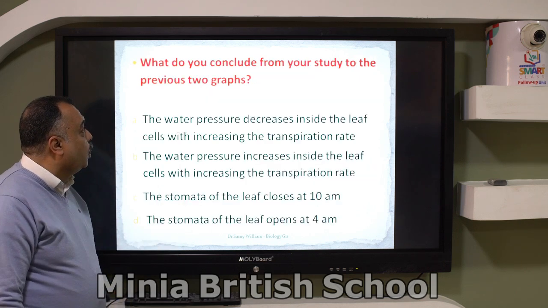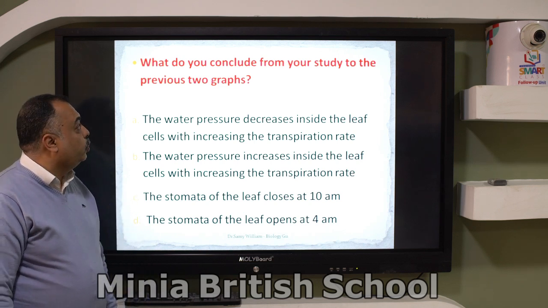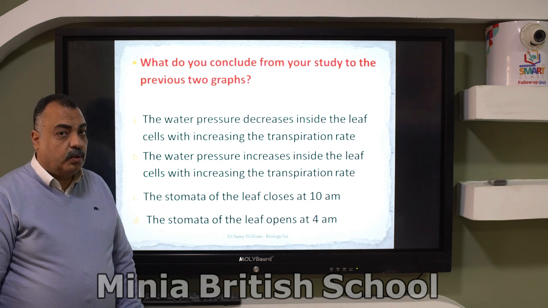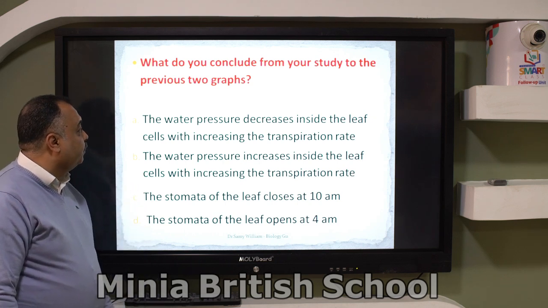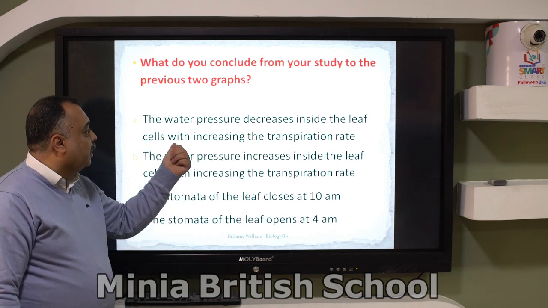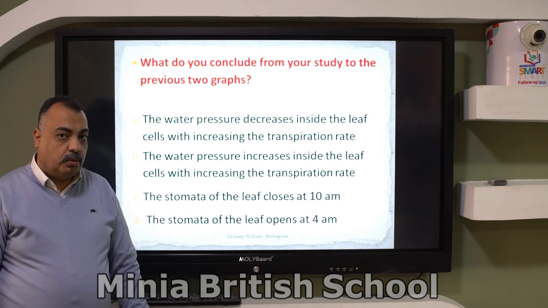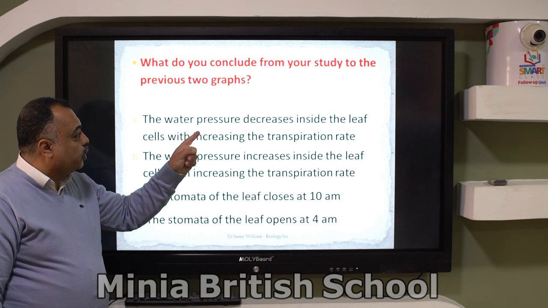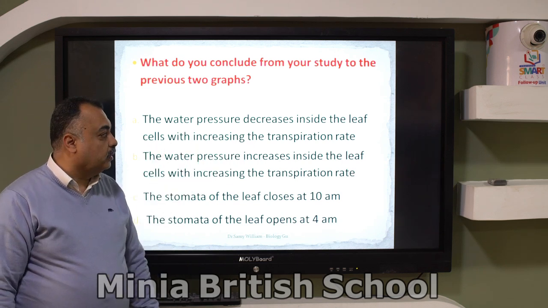The question is, what do you conclude from your study of the previous two graphs? The water pressure decreases inside the leaf cells with increasing transpiration rate. Is it true? Yes.